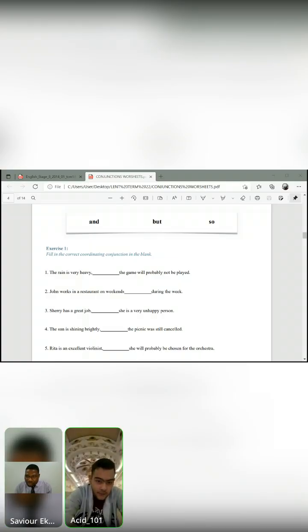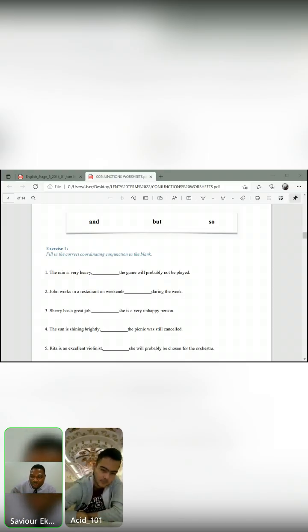Yeah, because here in the first clause, the sun is shining brightly, we have a verb. And then in the second clause, the picnic was still cancelled, cancelled is the verb here. Okay, thank you. But the problem with that sentence is that the first clause uses present tense, is shining, but the second clause uses past tense, was cancelled.